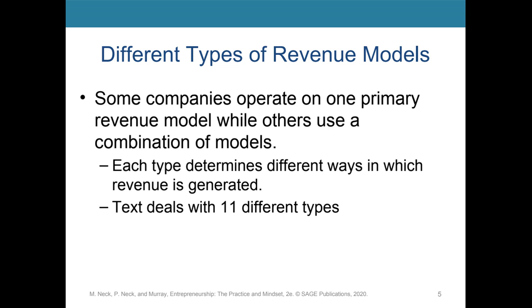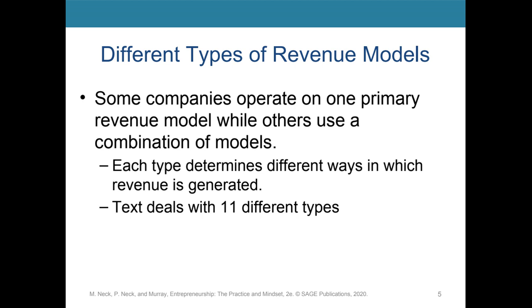Most companies will use a combination of models or more than one model. They'll either mix two models together and design their own, or use two separate models, maybe one on each income stream. So be aware that it's not just, this is what you have and that's it.